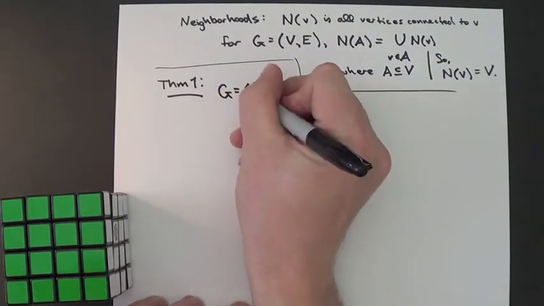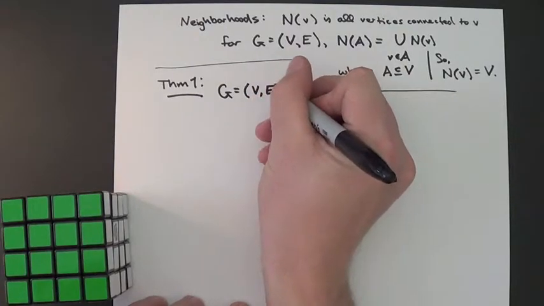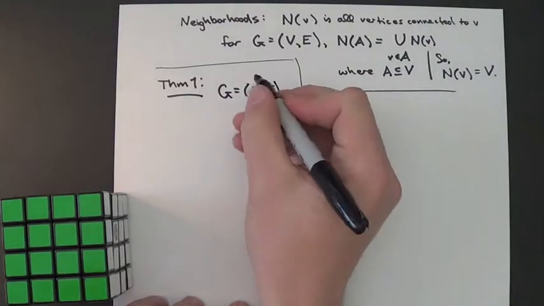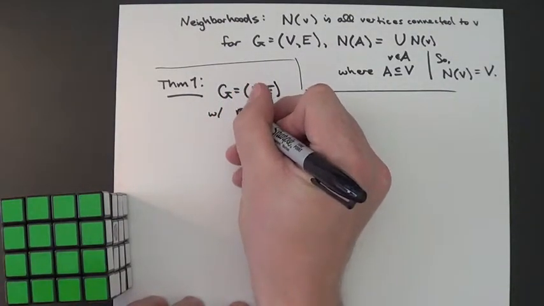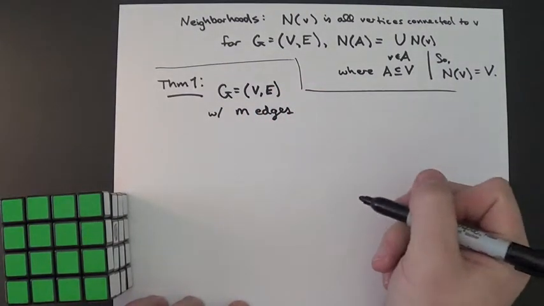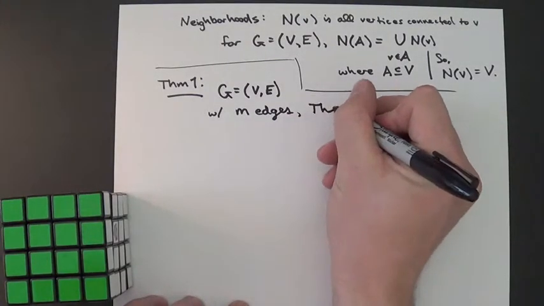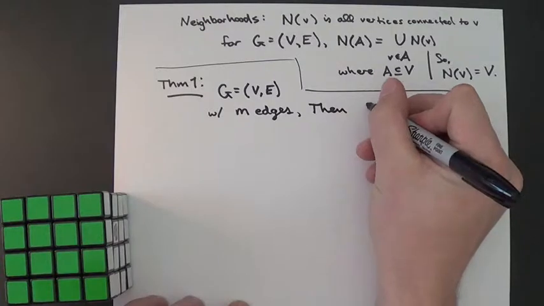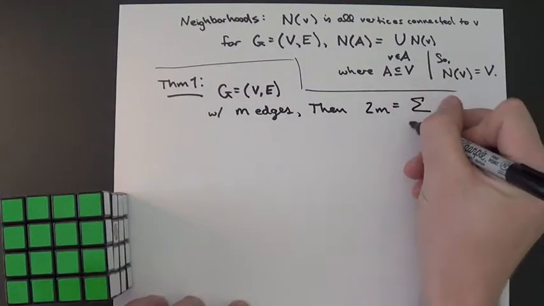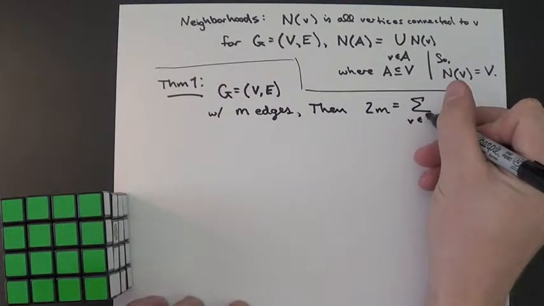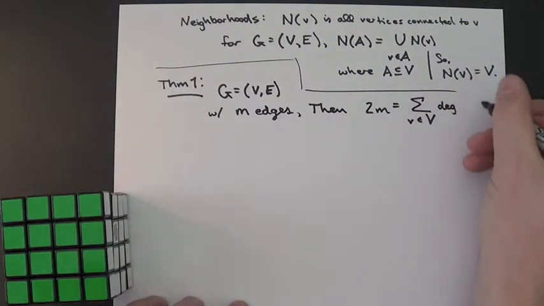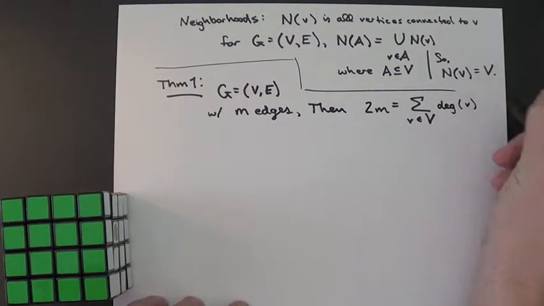If G equals V, E, the same graph as above, and I'm going to stop writing this after a while because it's always going to be G equals V, E. If we have this graph with M edges, so the number of edges is M, then we know that the sum of all the degrees for all vertices in V is simply 2M.